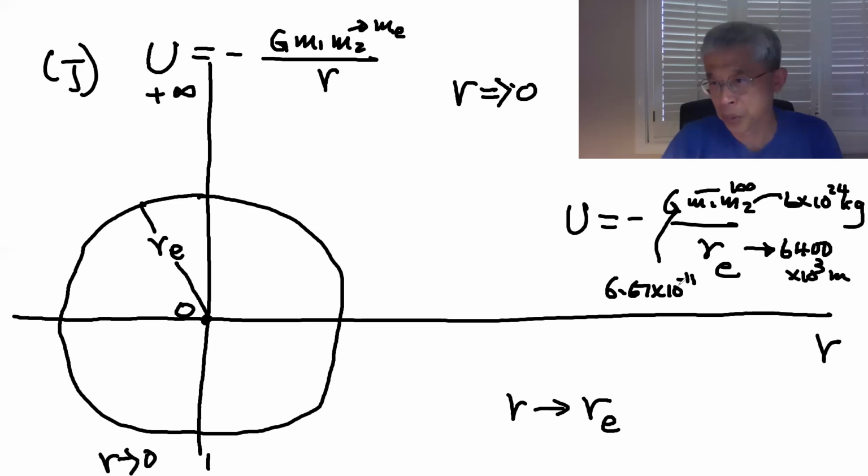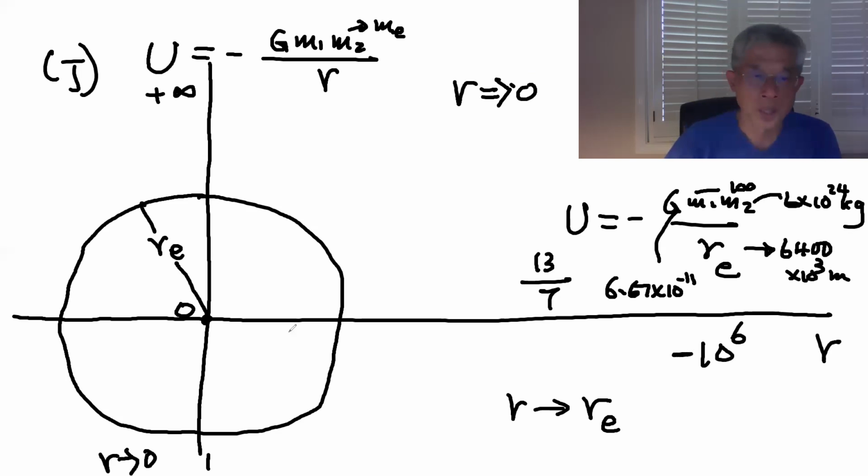Just go on a computer, or 24 minus 11, which is 13, and then divided by almost 7, because 6.4 is almost 7. So it's going to be like 10 to the 6 minus. It's still a big number, but it's not negative infinity.